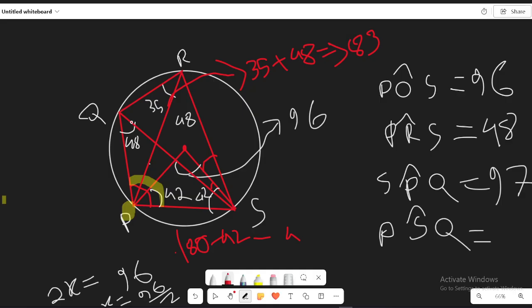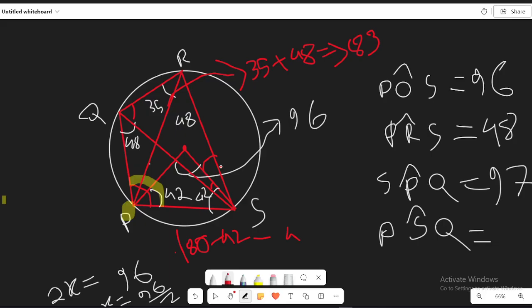Okay, I need to know this angle. If I know this angle, I can use the cyclic quadrilateral to get this total angle. It's a good thing to also check certain signs to see if any matchings happen. P and Q, is there any P and Q?